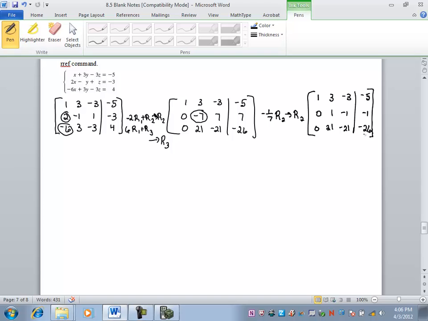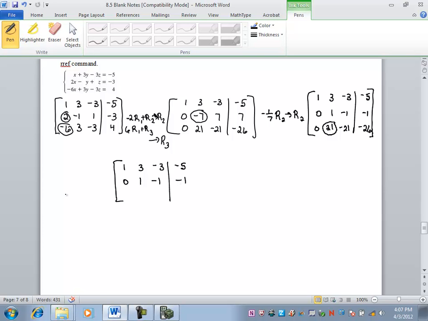Alright, now remember we're working to get 1s down the main diagonal and 0s below them. That means the next element we need to work on is that 21 right there. First of all, let me leave the top row alone: 1, 3, -3, -5. And then the middle row is going to stay the same: 0, 1, -1, -1.